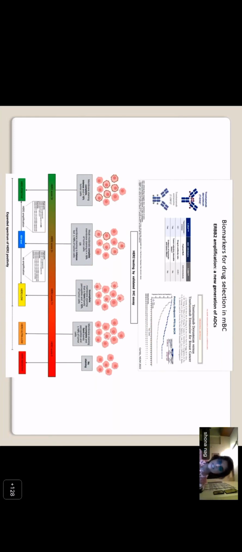And the beauty of trastuzumab deruxtecan is that not only does it enter the cell and give out the chemotherapy, the drug can come back. It is membrane permeable. It can come back out. And for those cells which don't express enough of the HER2 receptor, it can directly act on them. And this is known as the bystander effect.